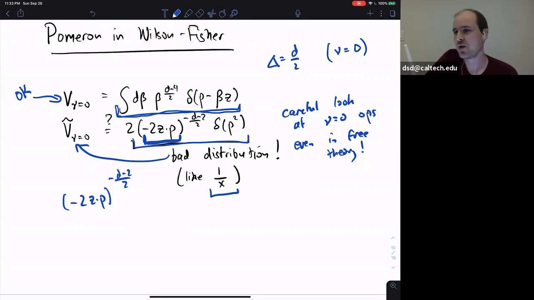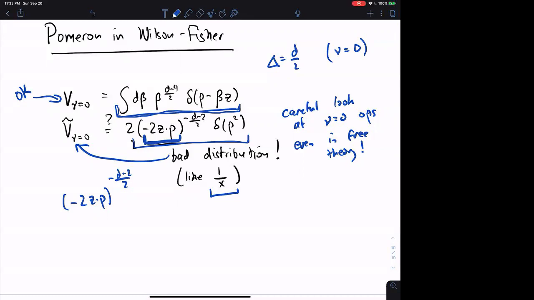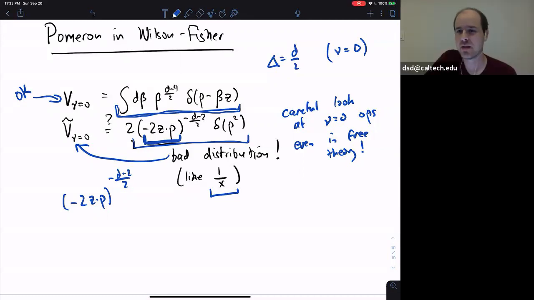I'm not sure whether that operator actually enters correlators of the free theory, but it becomes completely crucial when you turn on interactions and everything starts mixing, because then it absolutely does enter correlators of everything. So it's not clear if that operator actually contributes in strictly free theory. Let me write down what the operator is first, and I think that'll help actually. Okay.